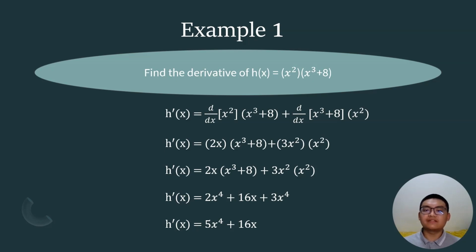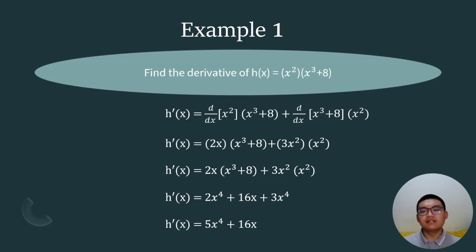Simplifying this, we get the derivative of h of x is equal to 2x to the 4th power plus 16x plus 3x to the 4th power. So finally, combining the like terms, we have the derivative of h of x is equal to 5x to the 4th power plus 16x.